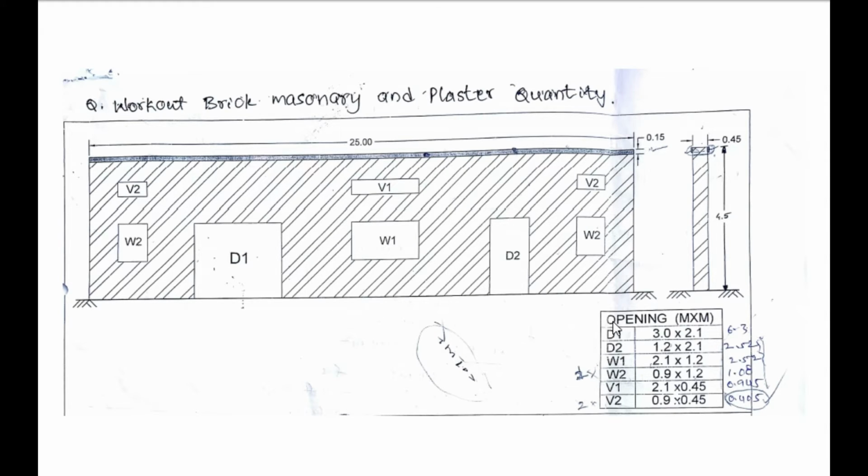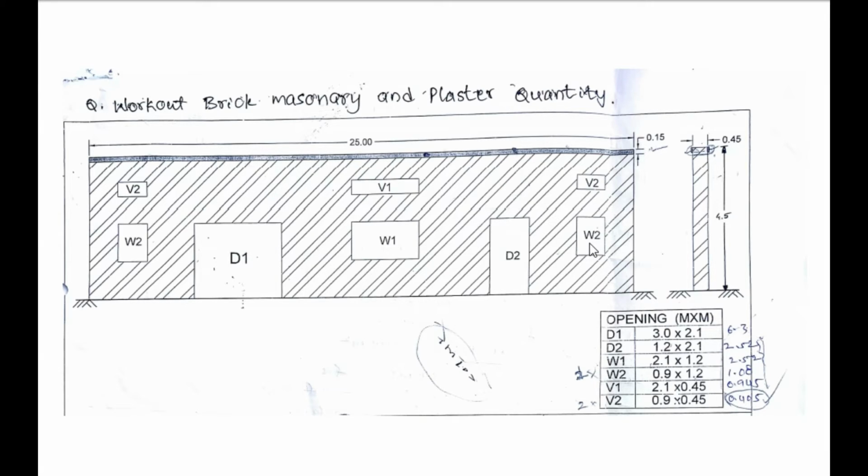Here, this door D1 is 3 meter wide and 2.1 meter height, D2 is 1.2 meter wide and 2.1 meter height, and window 1 is 2.1 meter wide and 1.2 meter height.